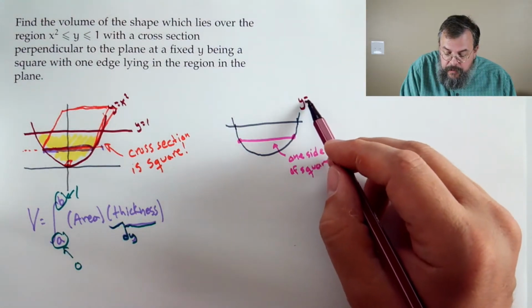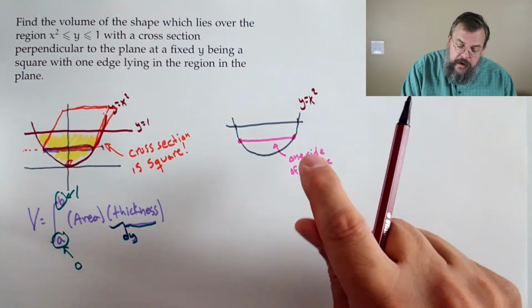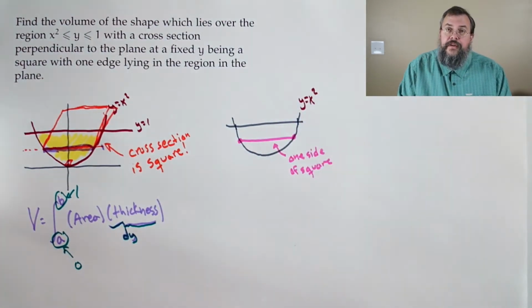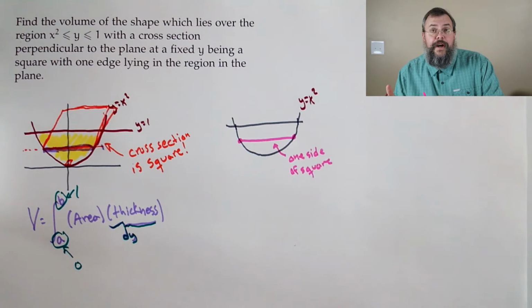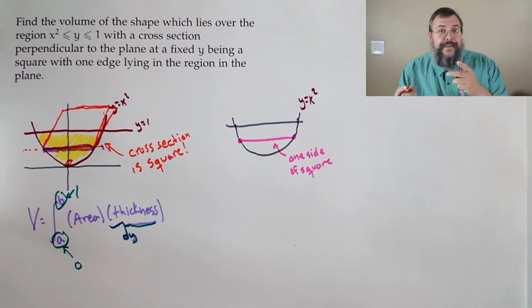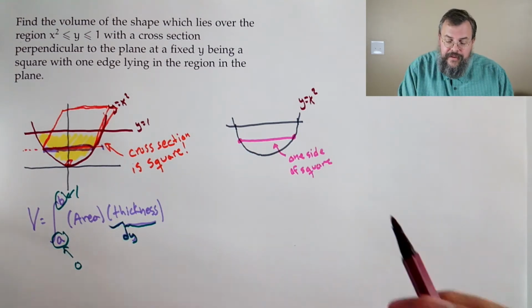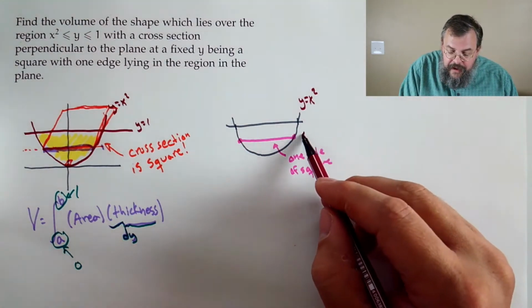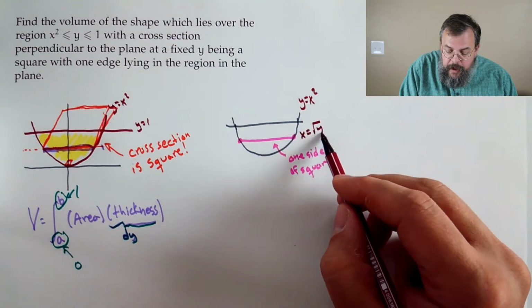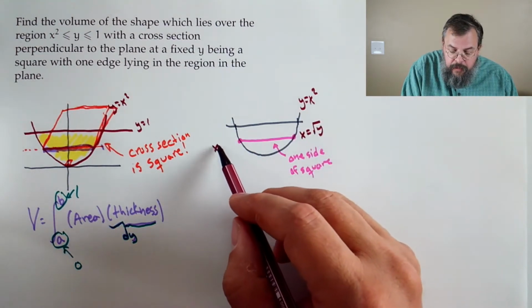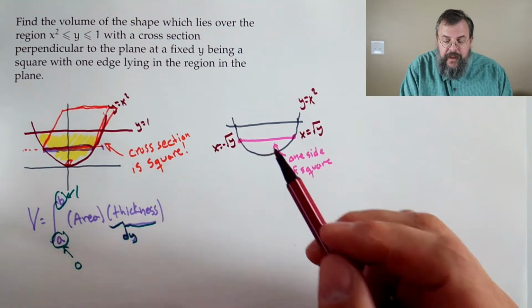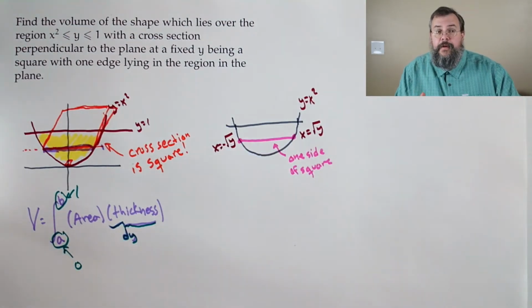If we start with y equals x squared, well, I would take the square root. So if y equals x squared, what is x? Okay, be careful. What is x? There's two possibilities. So the two possibilities are plus the square root of y and minus the square root of y. All right, so that's what's happening with x. It's going between positive root y and negative root y.